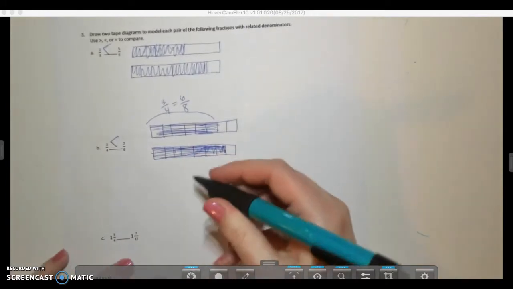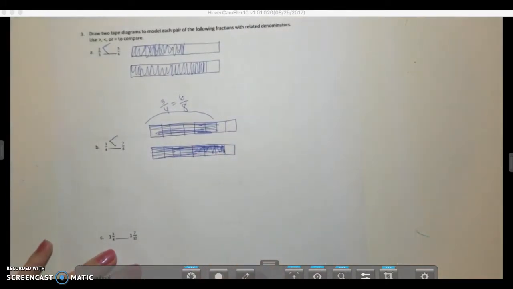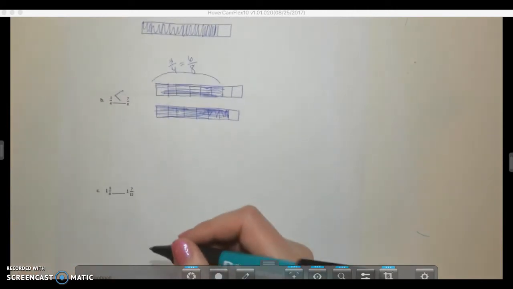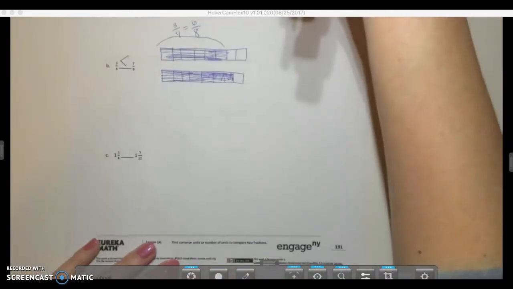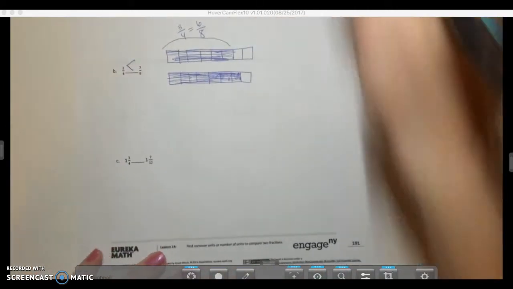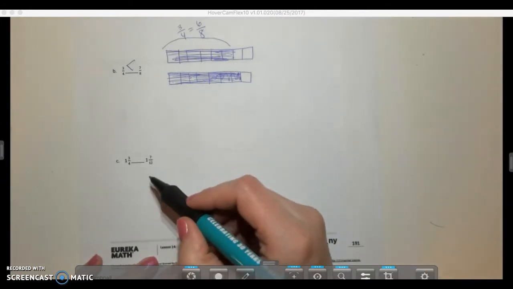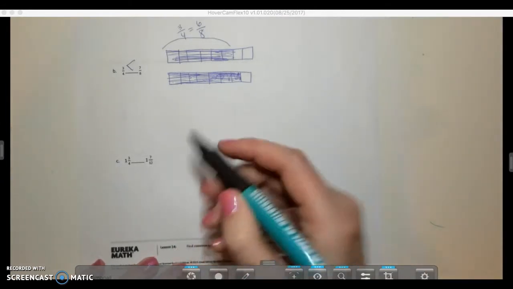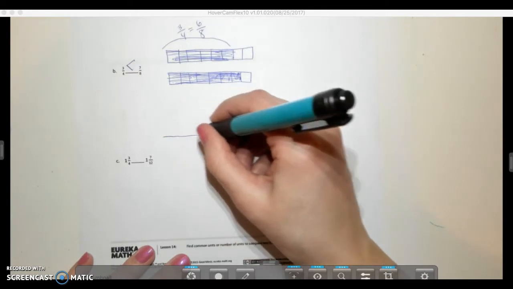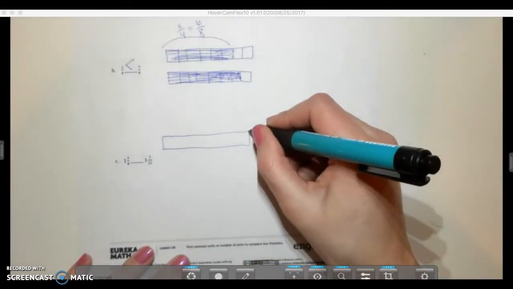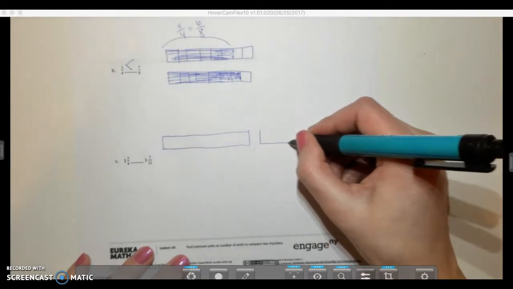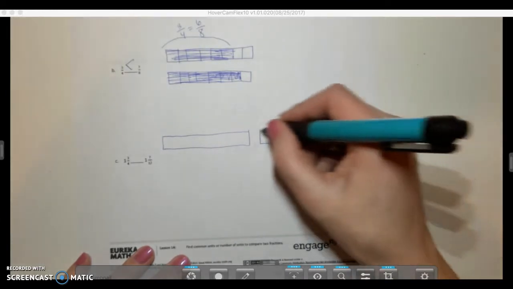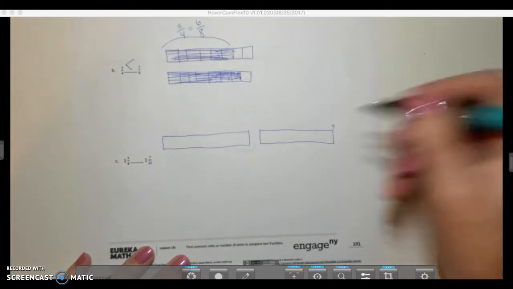So now we're going to make our other tape diagram, and this one we're using mixed numbers. So we have 1 3/4 and we have 1 7/12. So here we're going to draw one whole. I'm going to draw them next to each other. So notice we have one whole and we have 3/4.